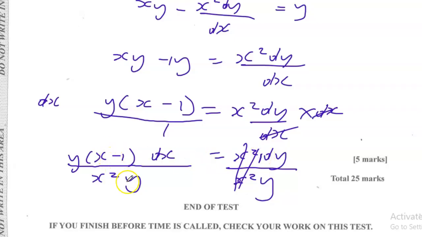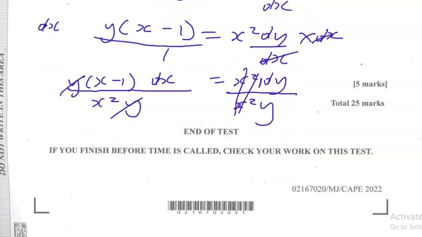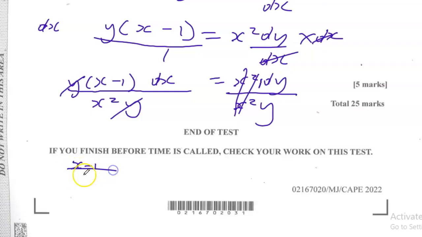And y into itself, so we have x minus 1 over x squared dx. So this becomes x minus 1 over x squared dx, and this becomes 1 over y dy. So we can now integrate both sides.